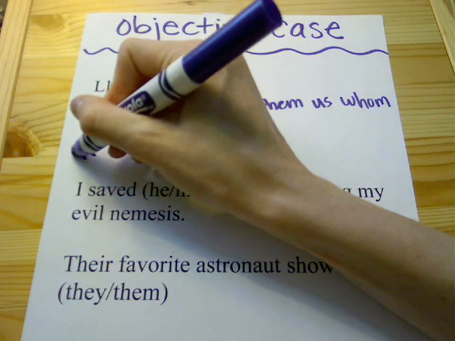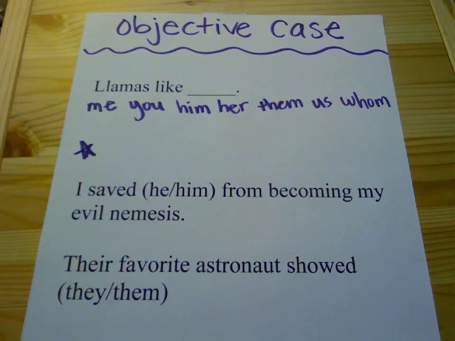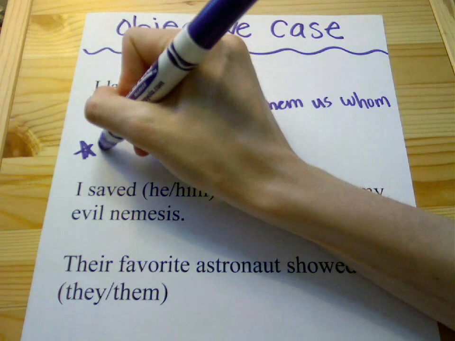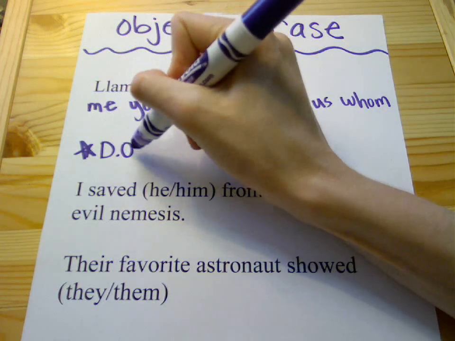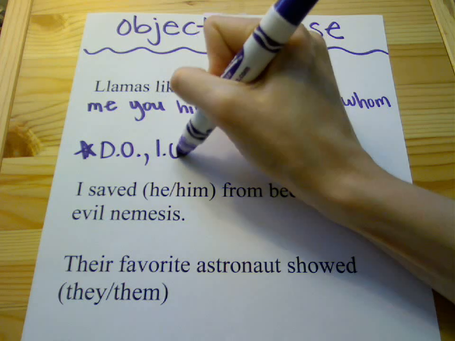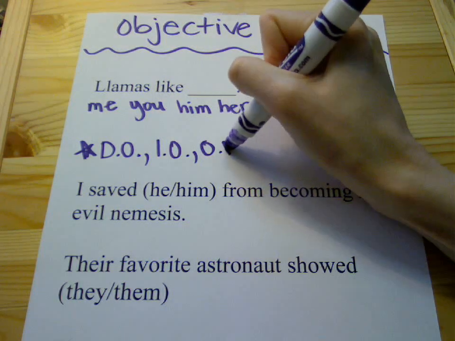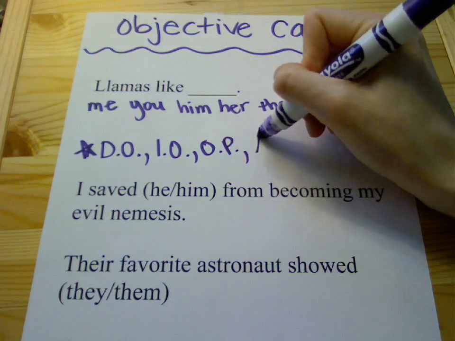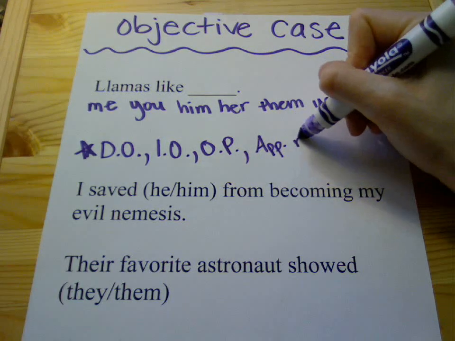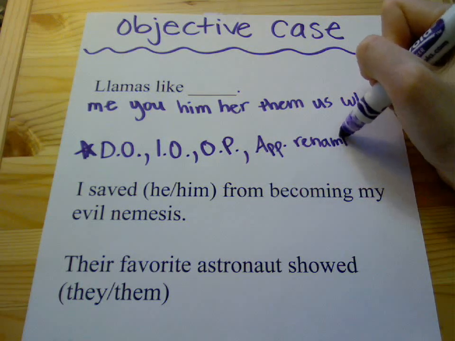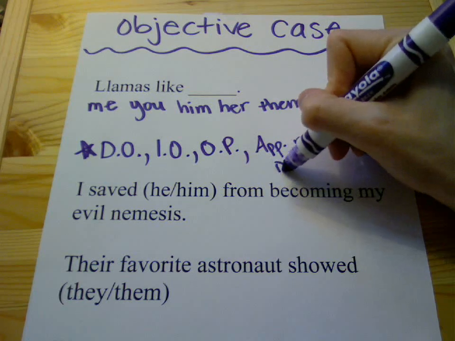So with nominative and subjective case, we learned that if the pronouns were subjects, predicate nominatives, or appositives renaming those, they were going to be in the nominative case. Well, this one's a little easier to remember because it's basically any noun function that has the word object in it. So direct objects, indirect objects, objects of the preposition, or appositives renaming any of those.